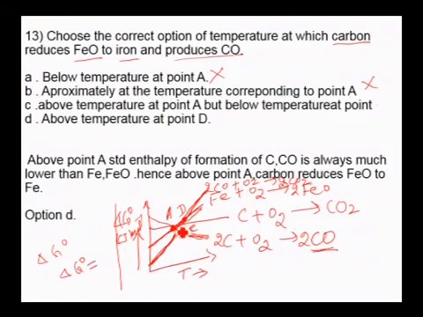Below this temperature, CO acts as a reducing agent for iron oxide. Hence, option D is correct. Above the temperature at point D, option D is correct.